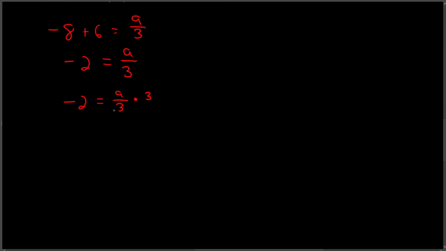And so 3 over 3 will cancel, giving me 1. Oh, but whatever I do to one side, I do to the other. I should write that step now, shouldn't I? And by choosing the opposite and undoing this, that leaves me with a, and my left-hand side becomes negative 6. And so now I've found the value of a.